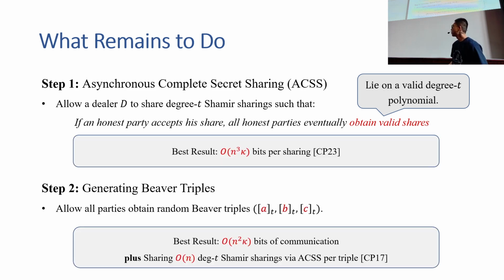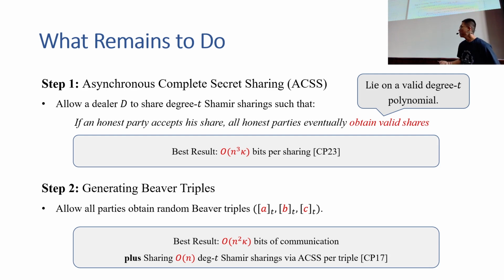So the previously best known result is due to Trotwood and Petrie in 2023 for ACSS, which requires n-cube communication per sharing. And for generating Beaver triples, it is the work from CP17 that requires n-square communication plus sharing O(n) degree T Shamir sharings via ACSS.